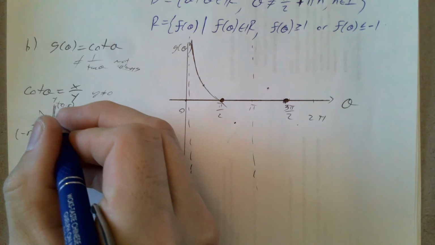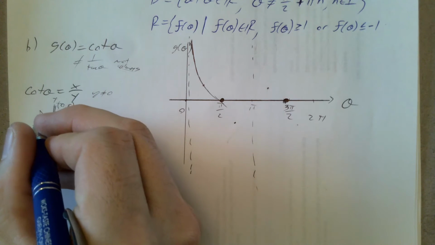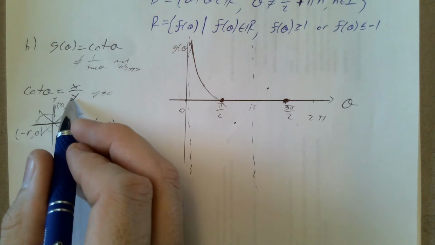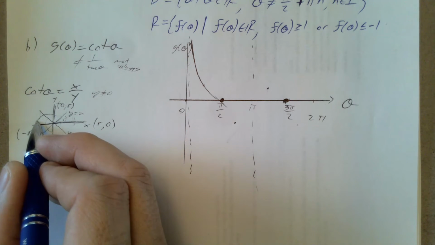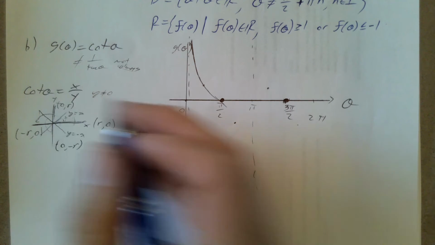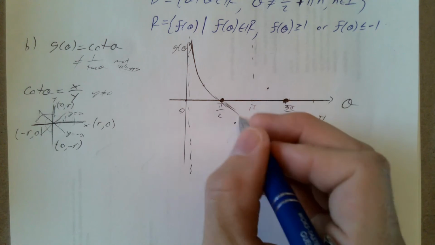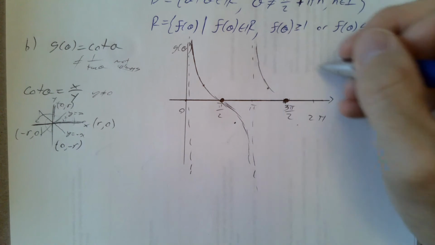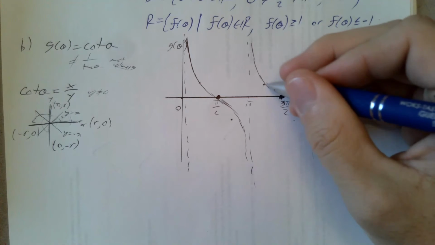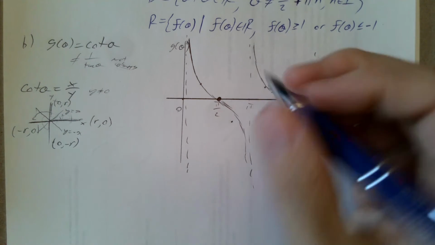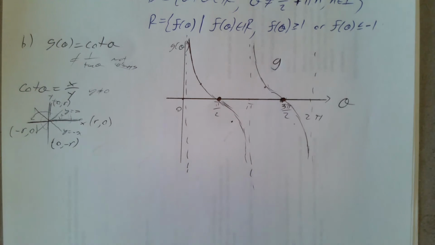As theta approaches pi from values that are less than pi, y is approaching 0 from values that are greater than 0, and x is negative. That means that my ratio of x to y is going to get very, very small. That's my best sketch of the cotangent curve. I'm not as good at sketching tangent curves and cotangent curves. I don't have as much practice.